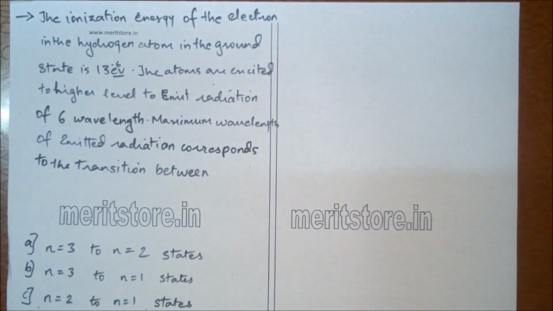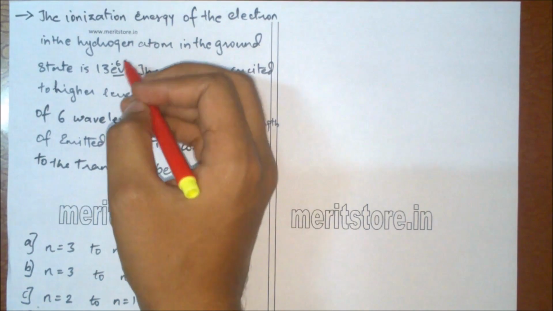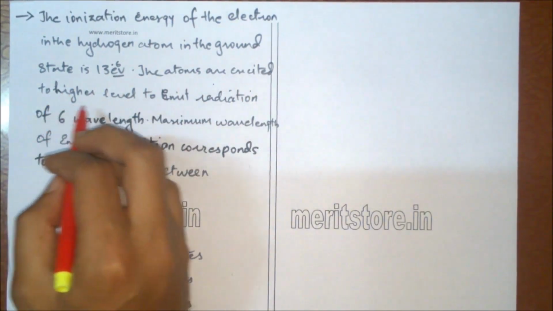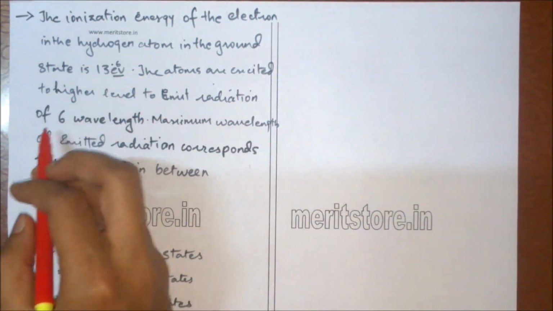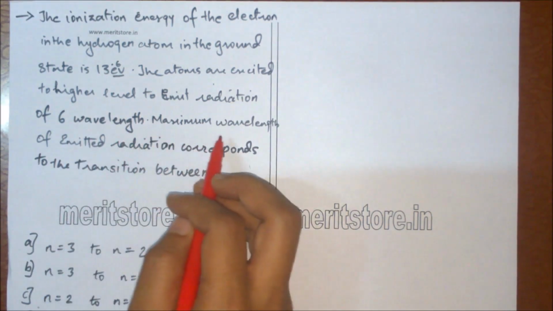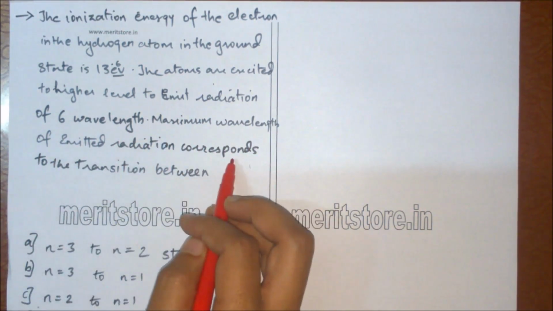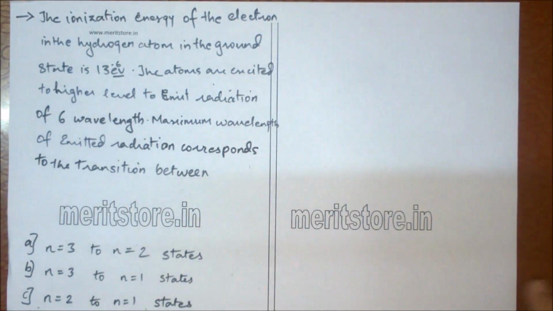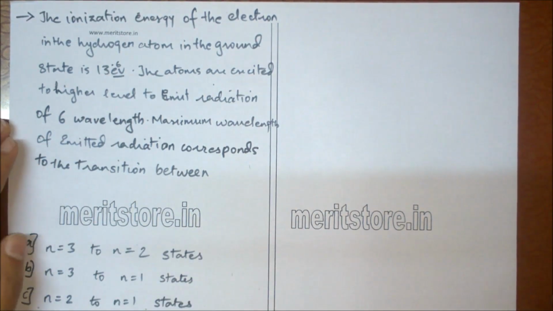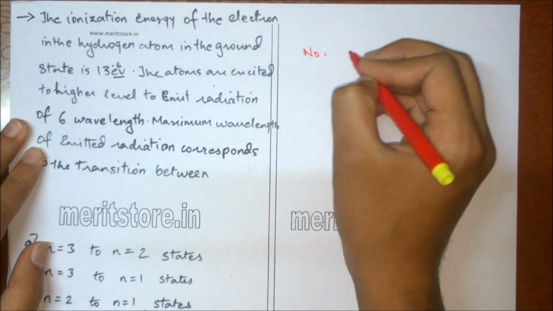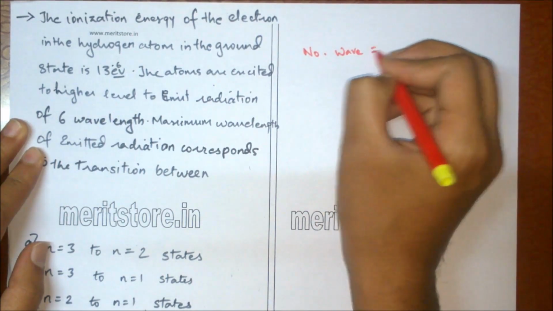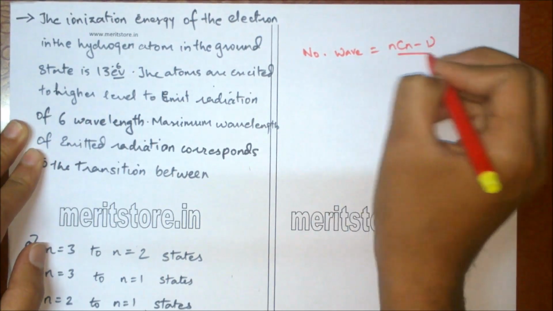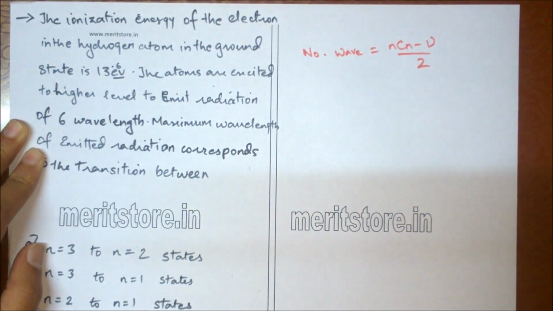The ionization energy of the electron in hydrogen atom in the ground state is 13.6 eV. The atoms are excited to a higher level to emit radiations of 6 wavelengths. The maximum wavelength of emitted radiation corresponds to the transition between. So you know that the number of wavelengths is equal to n into n minus 1 upon 2, where n is equal to the number of orbits from which the transition takes place.